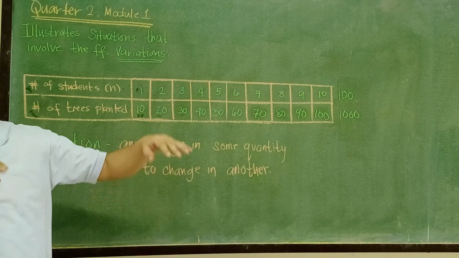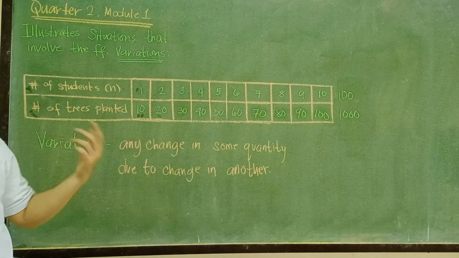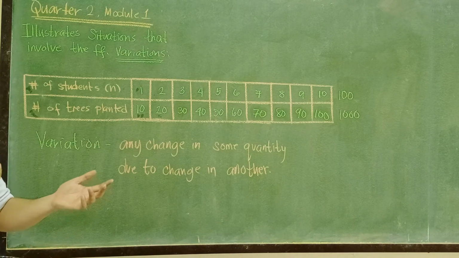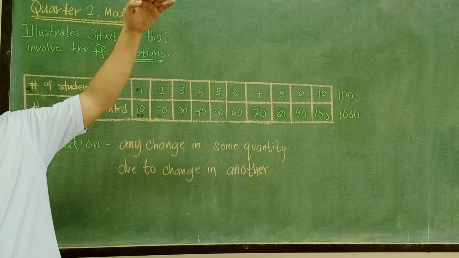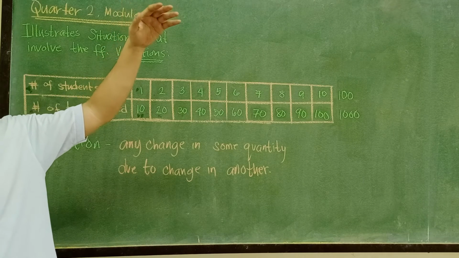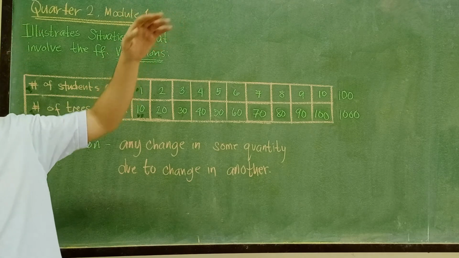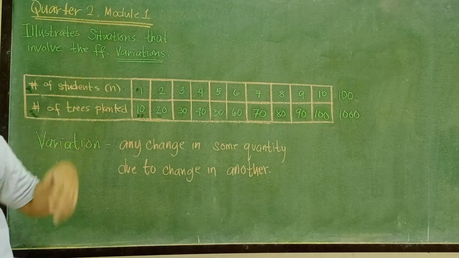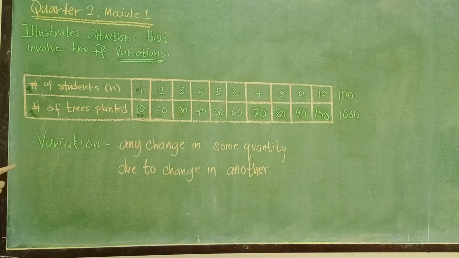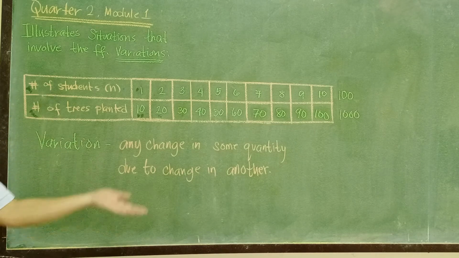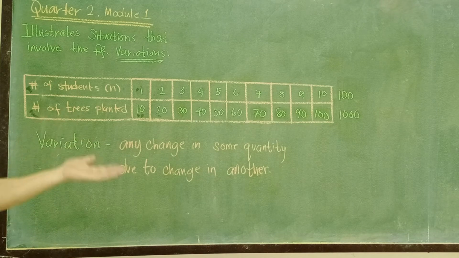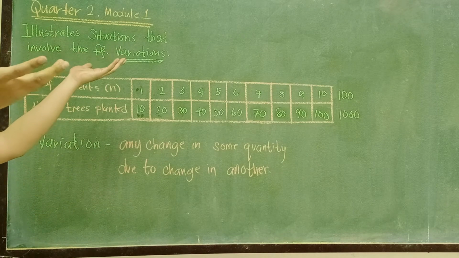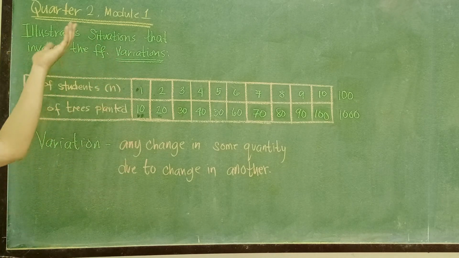So parehas sila tumataas yung value. Meron ding isang variation na pag tumataas yung isang value ng isang bagay, yung isang bagay na nakakonect sa kanya is bumababa. Kumbaga inverse, baliktad. So a variation when you change in some quantity due to change in another. May some quantity na tumataas and then yung isa pa tumataas din. Or yung isang bagay tumataas and then yung isang value ng isang bagay is bumababa, pabaliktad.